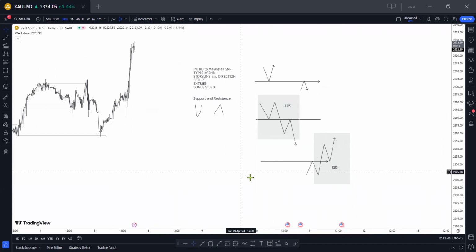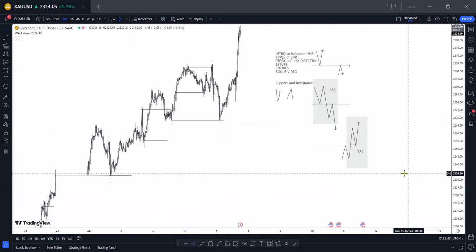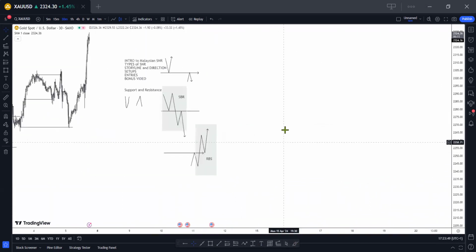So that'll be all for this video. As an assignment, you'll send me five screenshots of support, then five screenshots of resistance.